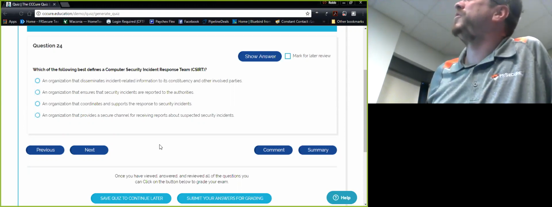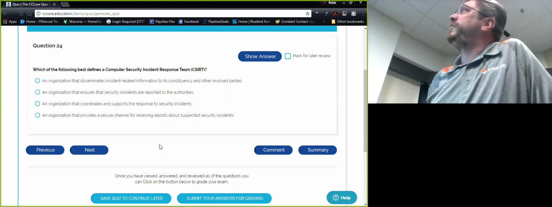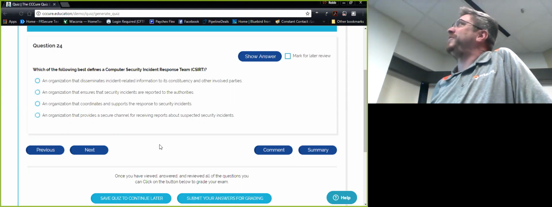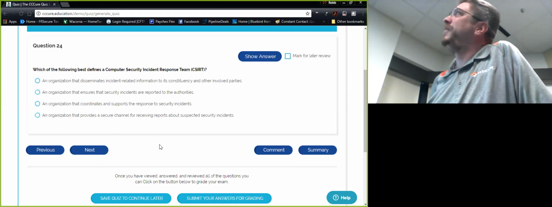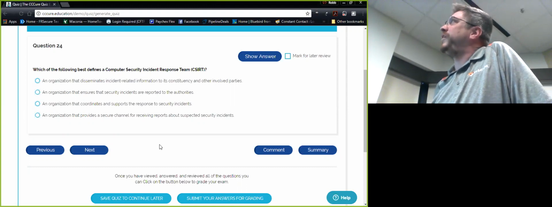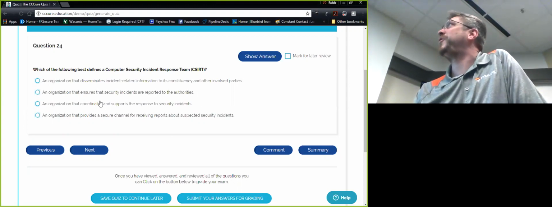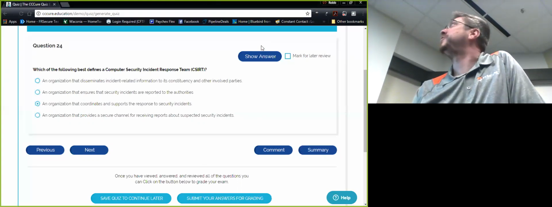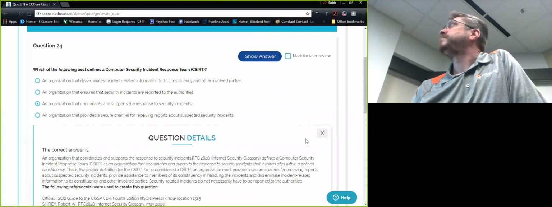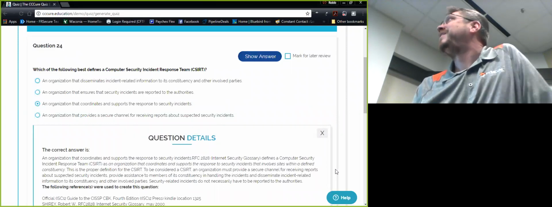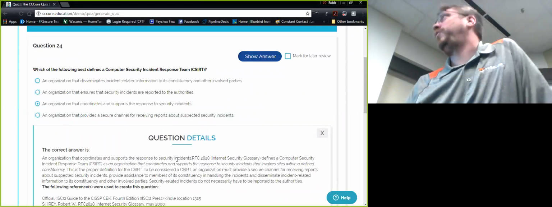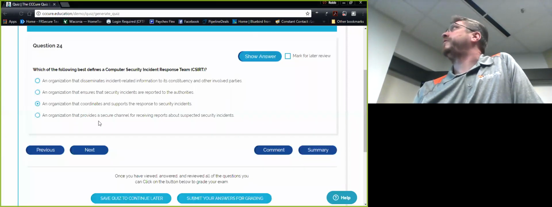That's computer security. Organization that coordinates and supports the response to security incidents. I say that one definitely looks right. And an organization that provides a secure channel for receiving reports of suspected security incidents. I'm going to go with C. I think C makes the most sense. Yeah, coordinates and responds. So we're correct.